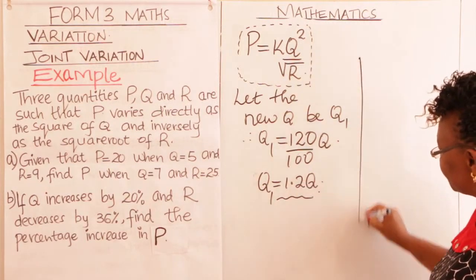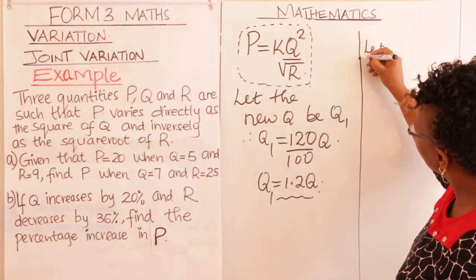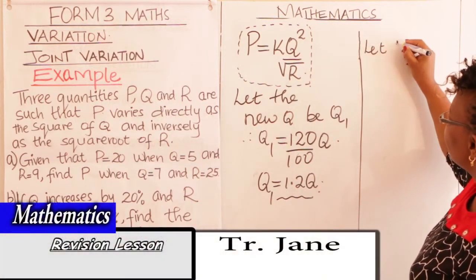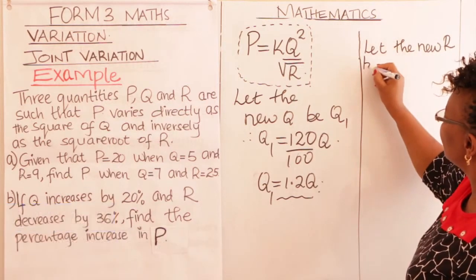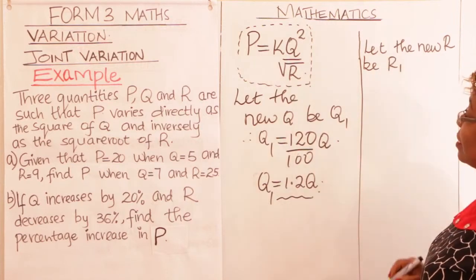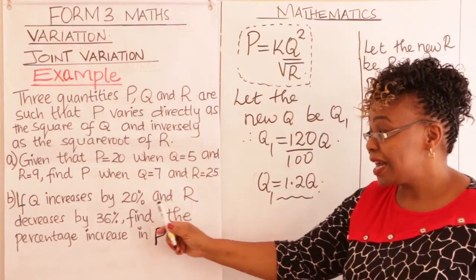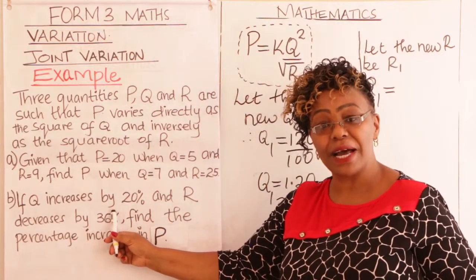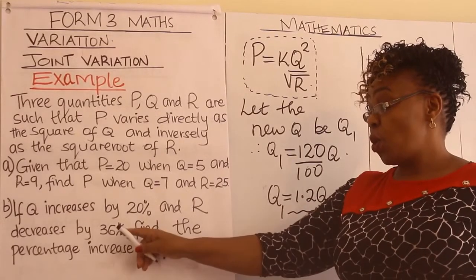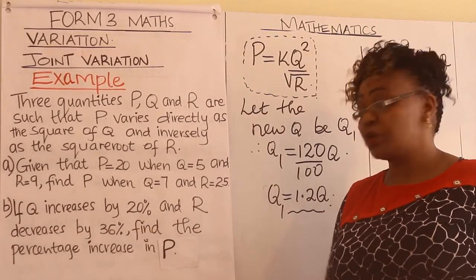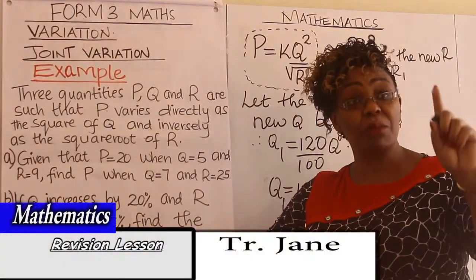We go to R. We say, let the new R be R1. And therefore, the new R will be equal to what? R decreases by 36%. So the new R will be equal to what? Because it is a decrease, you subtract 36 from 100.